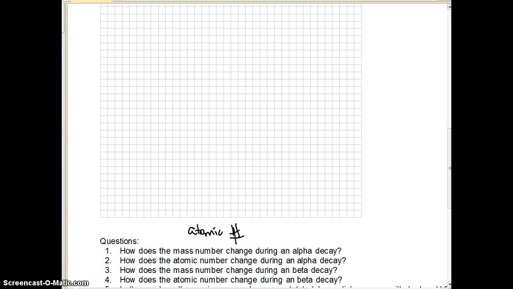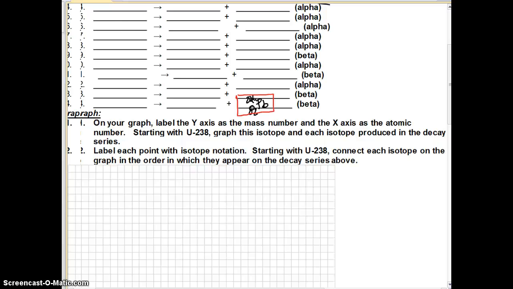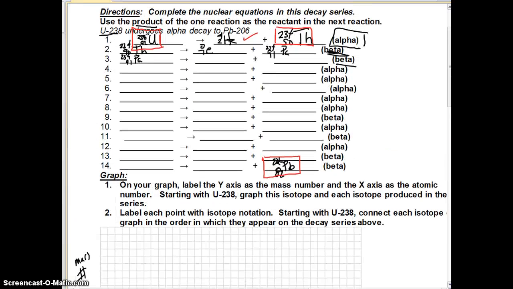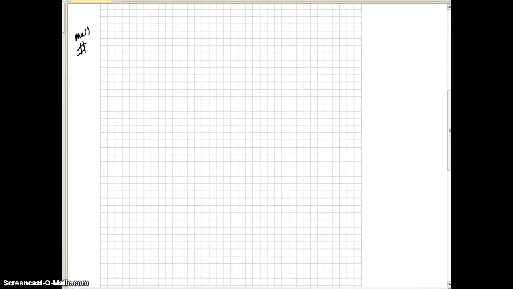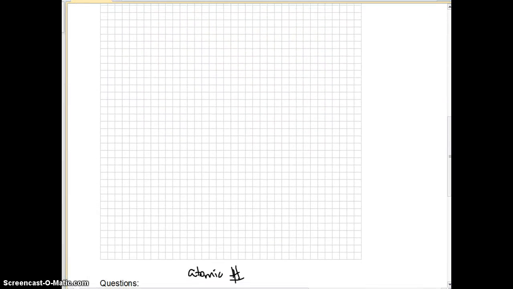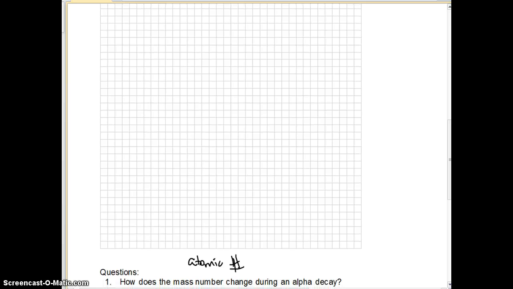What we need to do is create our increments on our graph. I'm going to look at the mass number first up here at the top, which is my top number. I'm starting here with uranium 238, so I'm starting at 238 and I'm going down to 206. So probably the best thing to do if we're going to graph 238 to 206 would be maybe go by twos.